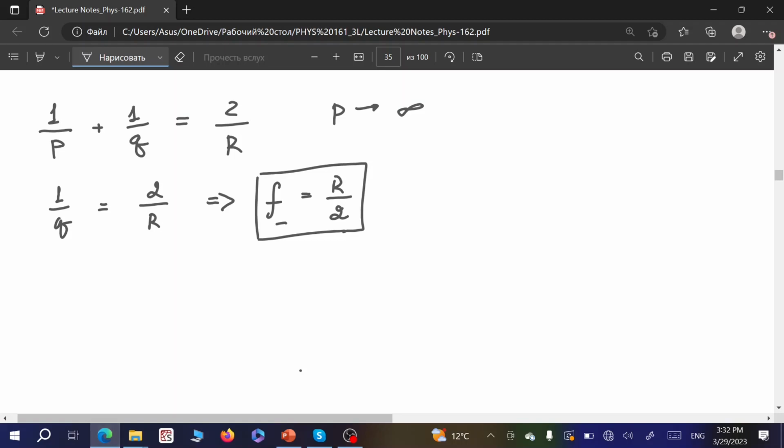So here, when we introduce the focal distance, we can rewrite the mirror equation as 1 over p plus 1 over q, and that will be equal to 1 over the focal distance. That's also a quite commonly used equation, where the focal distance is equal to half of the radius of curvature of the mirror.